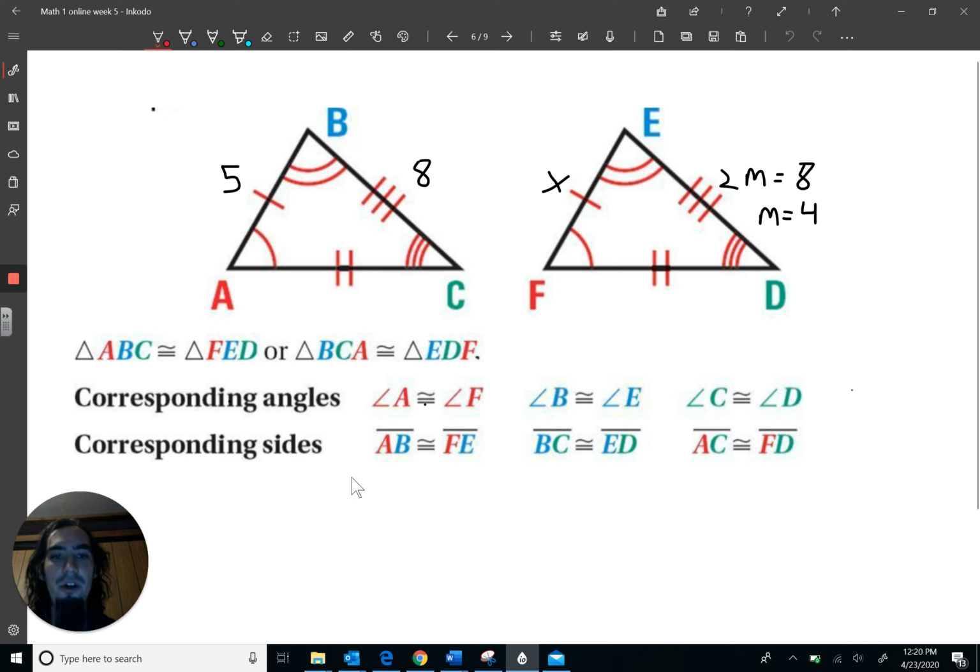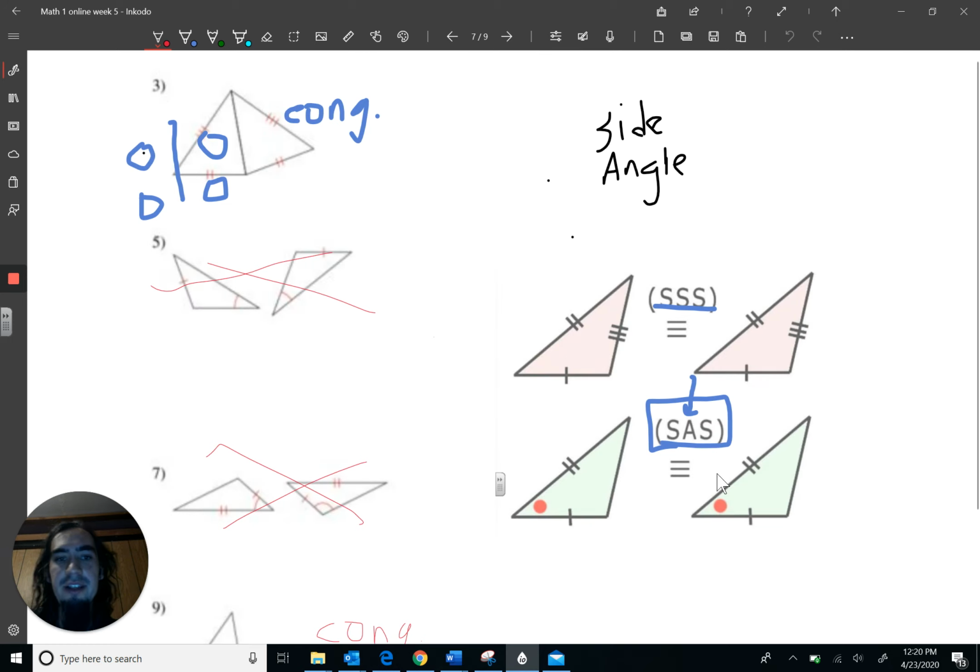So if all the sides and all the angles are congruent, then those 2 triangles are the same. But what we learned here is that we don't actually need all 6. We just need either 3 sides or 2 sides and 1 of the angles.